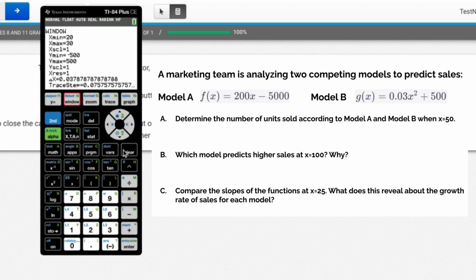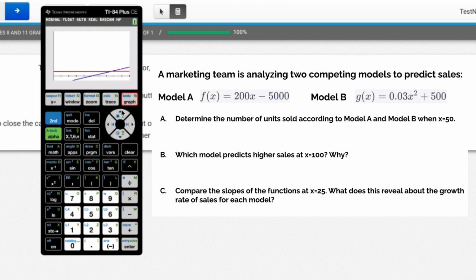Okay, so if I zoom out and make my Y max much bigger, like let's put it at 5,000 and see what happens. Hit graph. It's not insanely steep. I was wrong. Model B is really not steep at all.